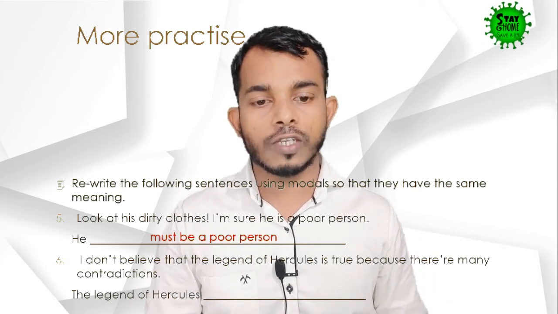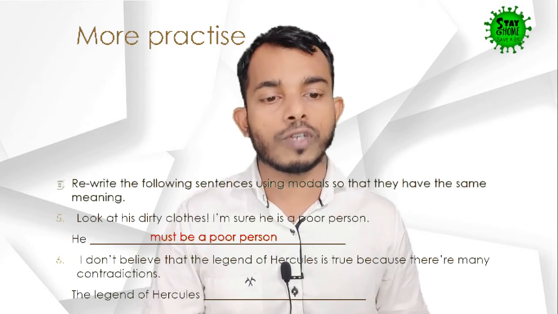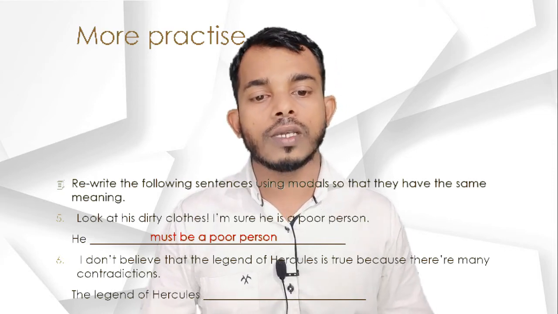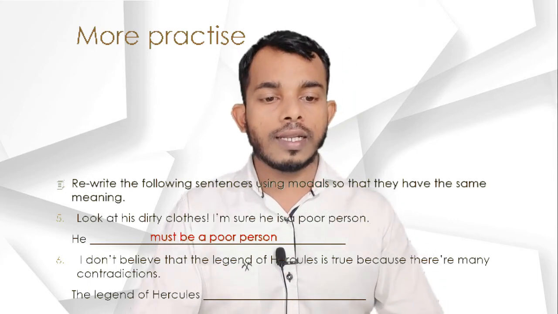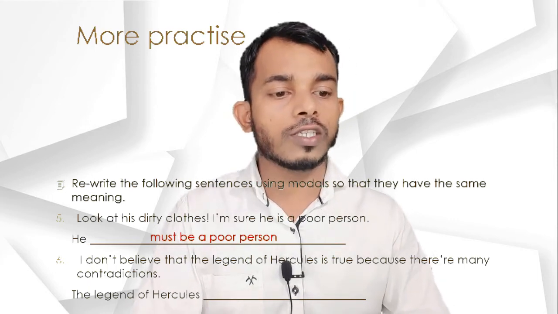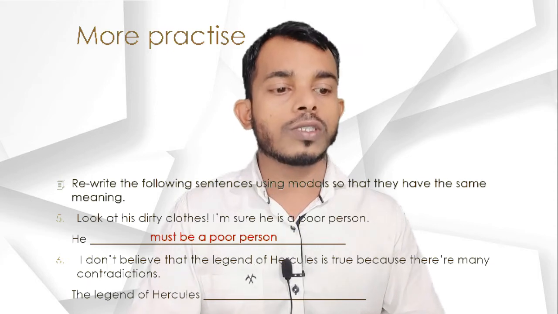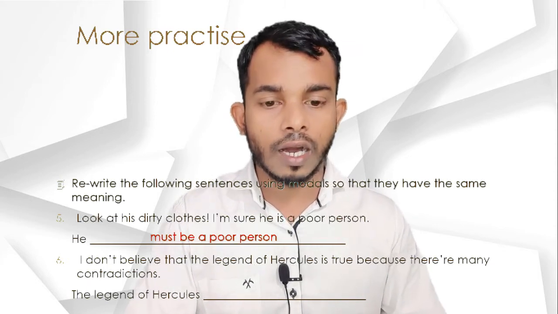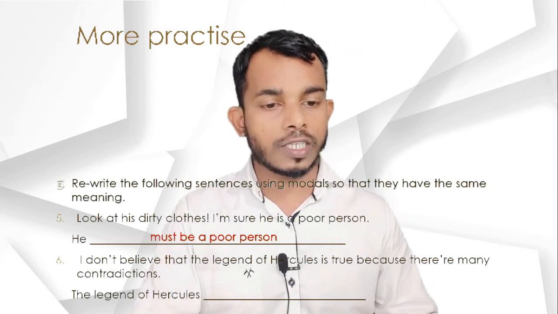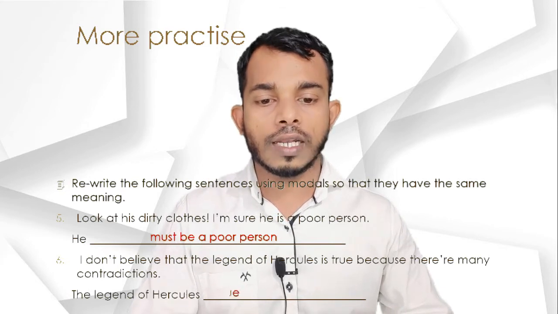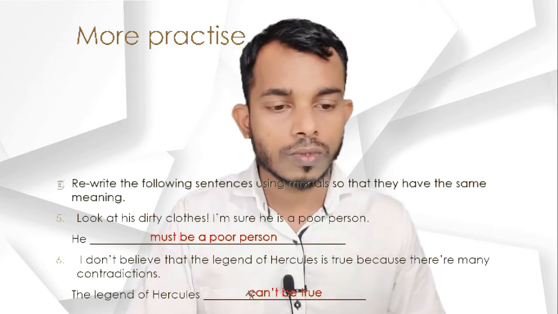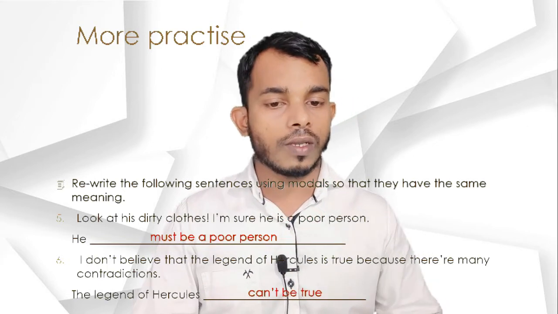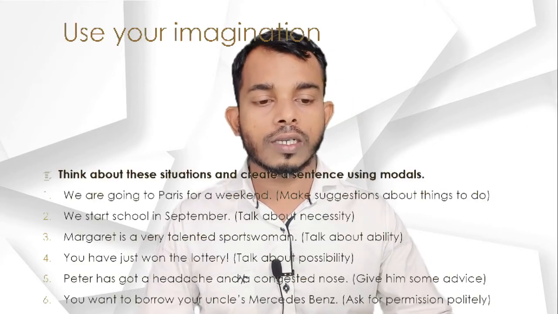Here you can use: he must be a poor person. I don't believe that the legend of Hercules is true because there are many contradictions. So the legend of Hercules can't be true.